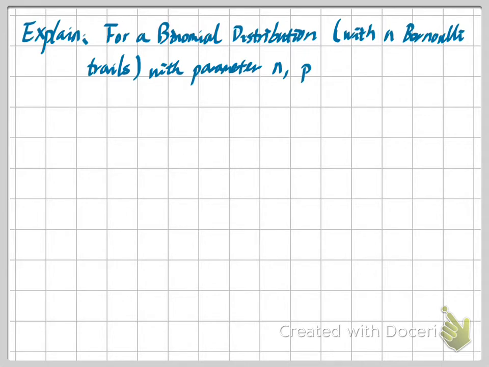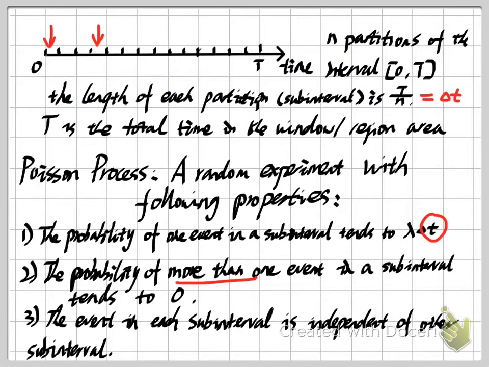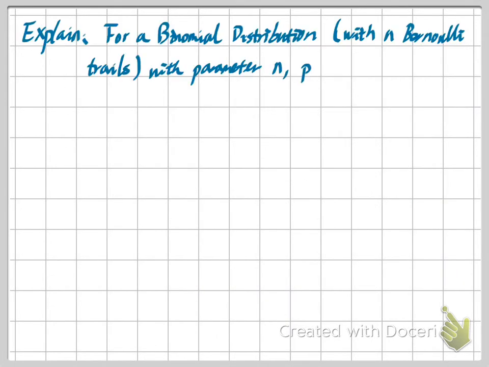In the previous requirement of our Poisson process, we already said this approximates our value lambda times delta t. And because delta t is equal to capital T divided by n, our p is equal to lambda times delta t, which equals lambda times capital T over n.